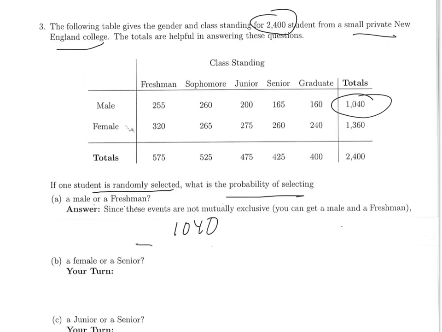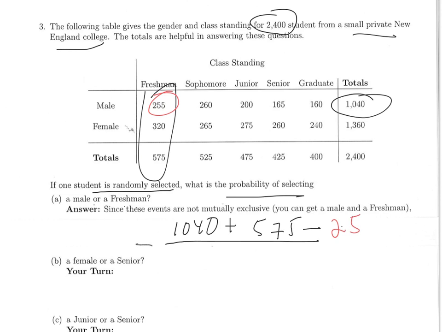Out of the total, if we want, we can do some shortcuts. What's the probability that a student is a freshman? So there's that, 575, minus, since we don't want to count this number twice, I'm going to subtract off the 255, and this is all out of the total of 2,400, and that's how you calculate that probability.